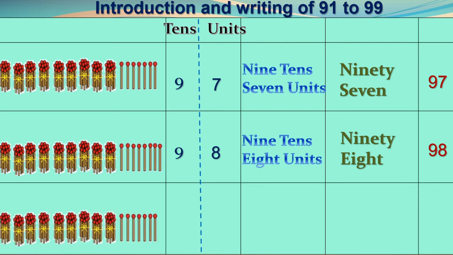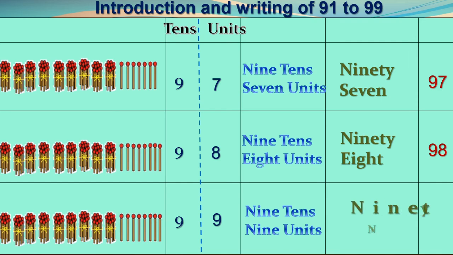Here we are going to add one more stick to 98 sticks. So we got 9 tens and 9 units. Right? In words, 9 tens and 9 units. This gives us the number 99. And how to write in numerals? See here, 90 and 9.